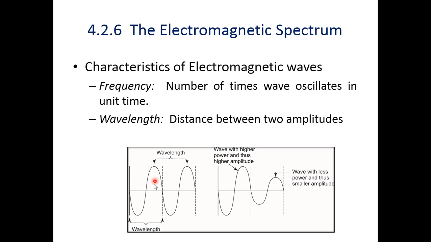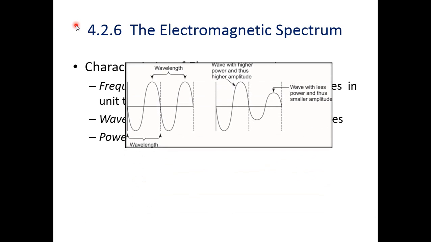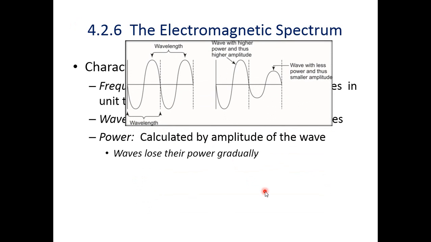And the third characteristic is power. It is calculated by the amplitude of the wave. Waves lose their power gradually, hence after covering a certain distance, amplitude reduces as they proceed further.